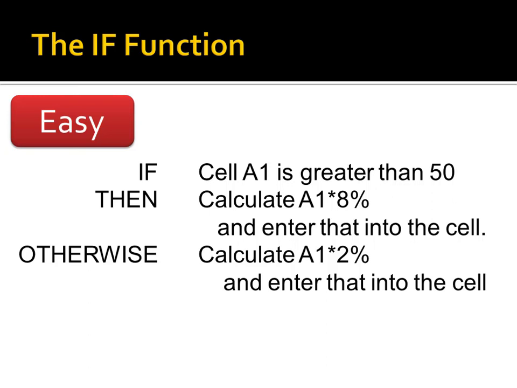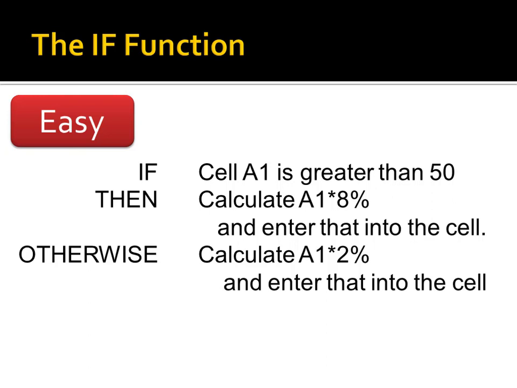So you can see that if A1 is greater than 50, this person gets 8% of what he made. 8% of 51, or 8% of 60, or 8% of 90. Otherwise, if he didn't do that well, he's in the 50 or below, then he only gets 2%. So the goal is he has to at least get more than 50. Okay? So if he got 30, he gets 2% of his sales.